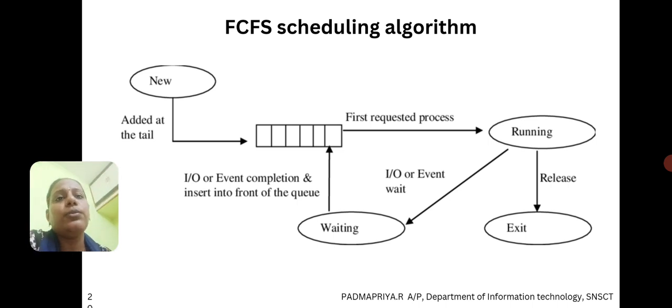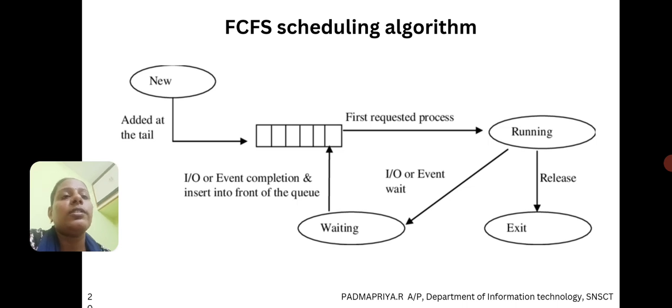First, a new process is added at the tail of the linked list. There should be a Gantt chart to show the process states, burst time, turnaround time and waiting time clearly. So each and every process should be added in the linked list box, which is nothing but the Gantt chart.